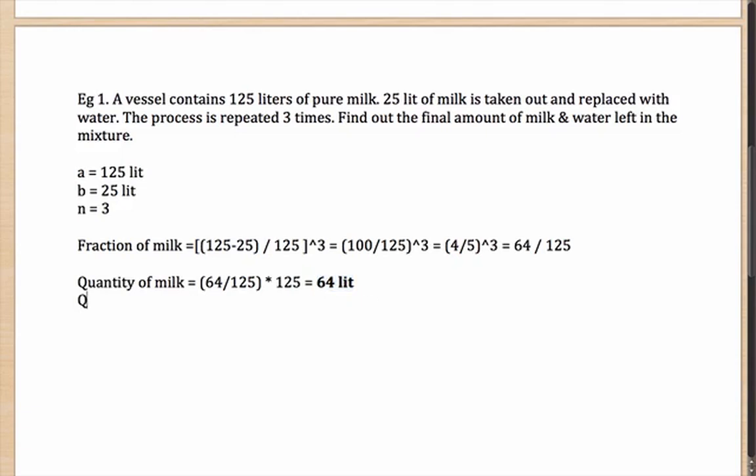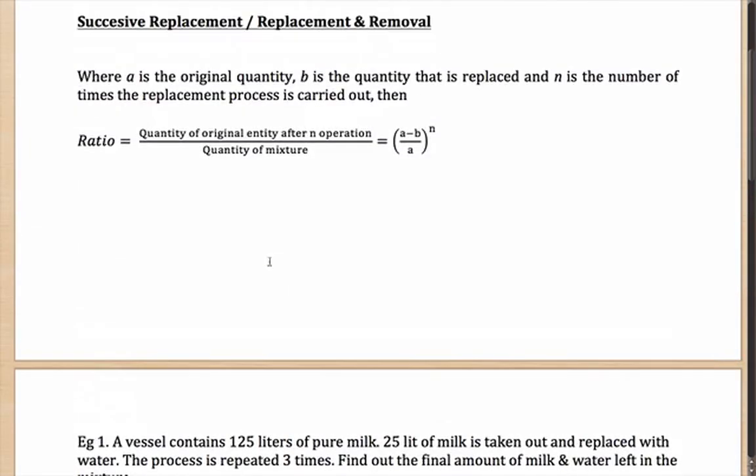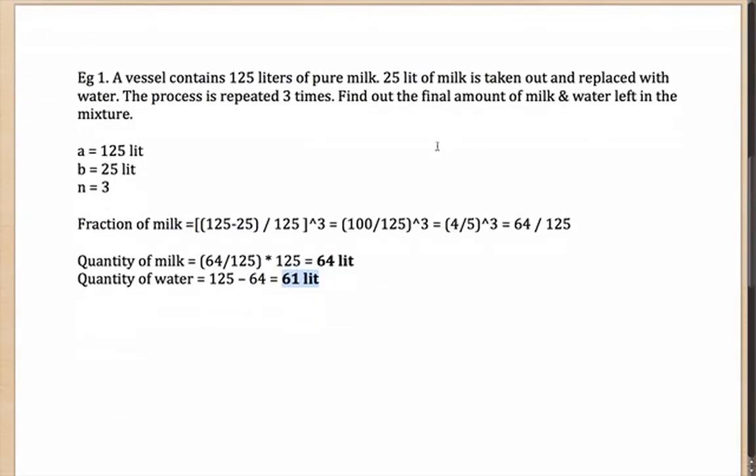Then what will be the quantity of water in the mixture? Well, total was 125 liters. Out of that, 64 liters is milk. The difference of these two values, that is 61 liters, will be the quantity of water in the mixture. So as you can see, we have used the formula (A minus B) by A to the power n to solve this question. This one was slightly easy.